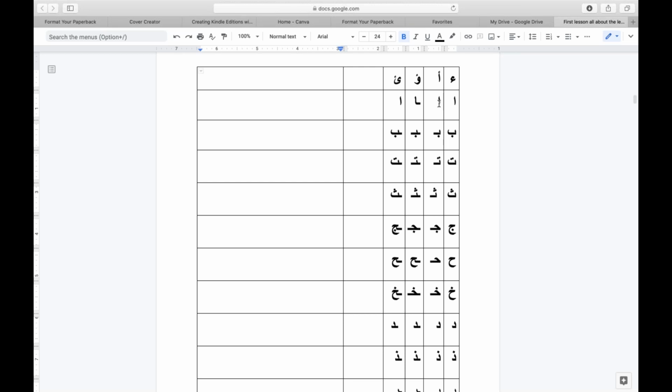But if the letter comes at the very beginning, or if the letter before it has the same situation as Alif, another letter that will never attach to the letter after it, for example we have Alif, Dal, Dhal, Ra, Zai, Waw. These letters will not attach to the letter coming after them, no matter what.